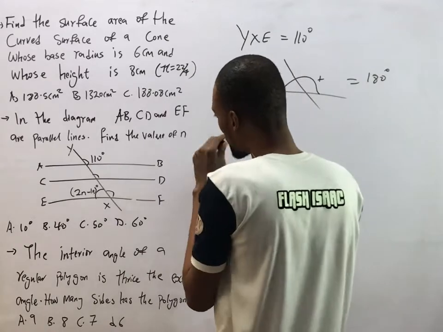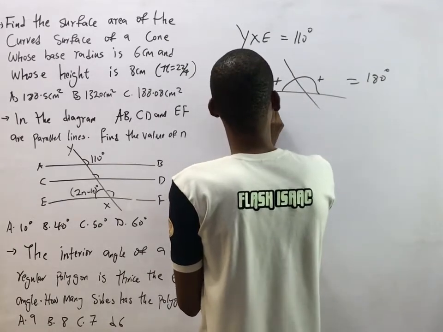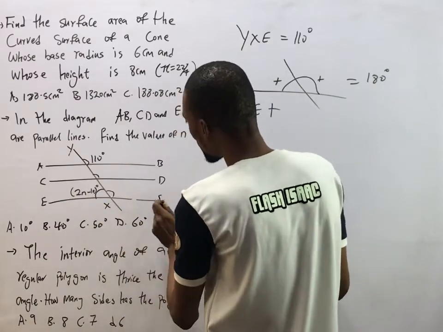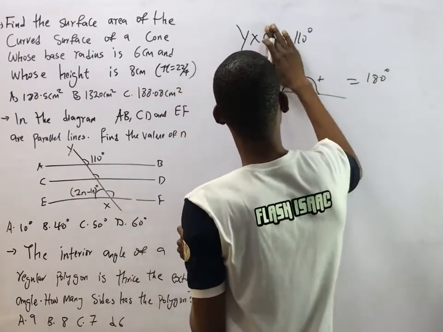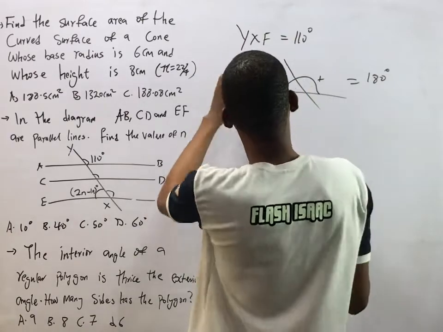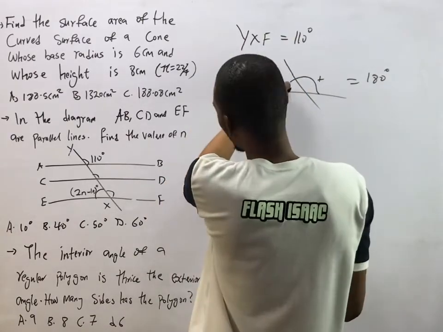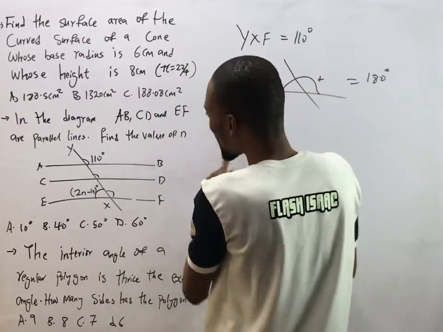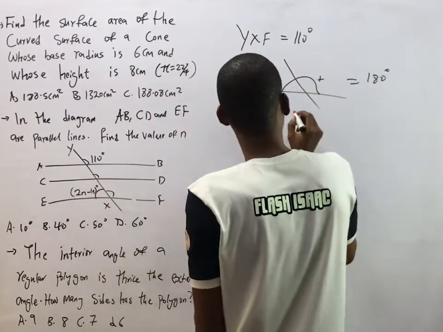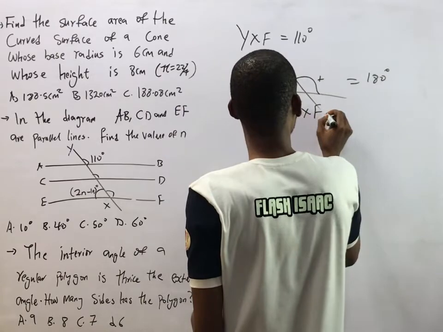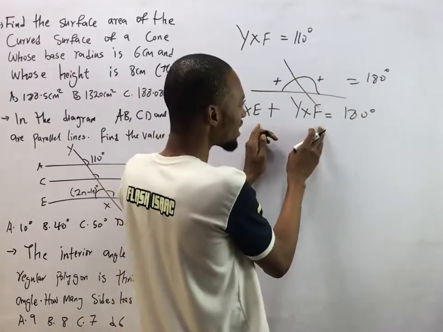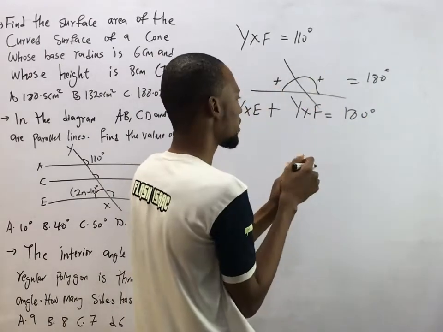Let me put it this way: YSE plus YSF. Okay, this is YSF, sorry. YSF is equal to 110 degrees. So YSE plus YSF will give you 180 degrees, because YSE plus YSF is angle on a straight line.